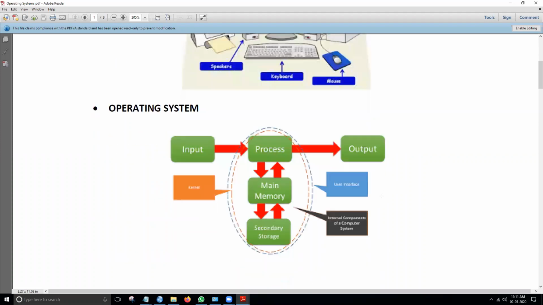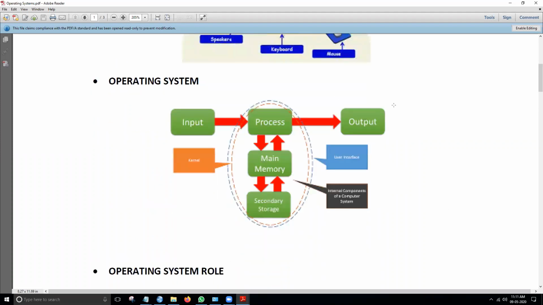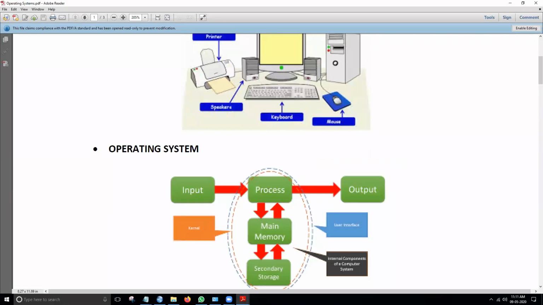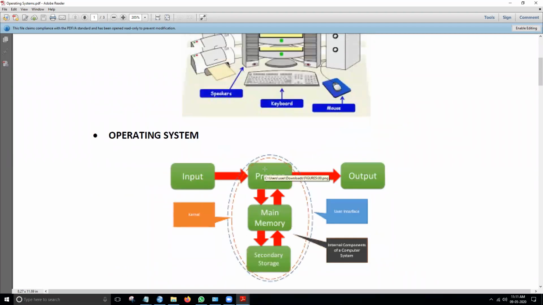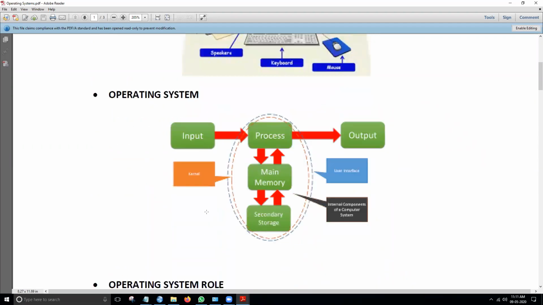Now we come to the next area of discussion, the operating system, which is the basic component. The operating system is the main component used to supervise every activity of the computer system. Whatever active resources you are seeing for a computer, this is the CPU, and these are all its resources. These resources have to be maintained and monitored.